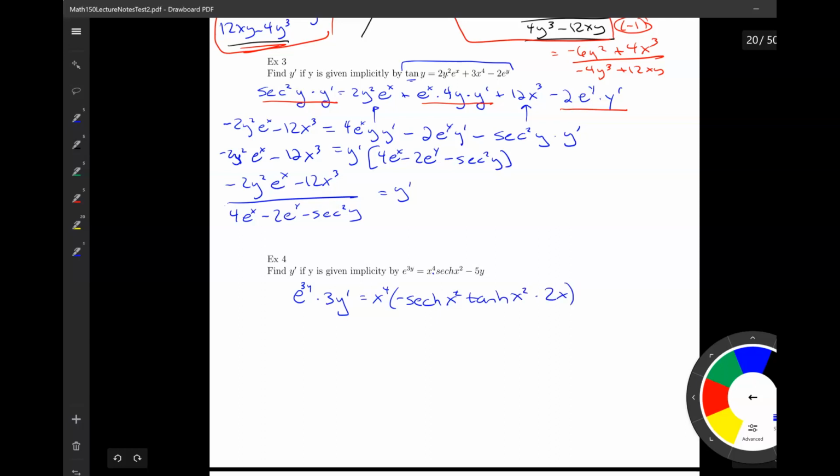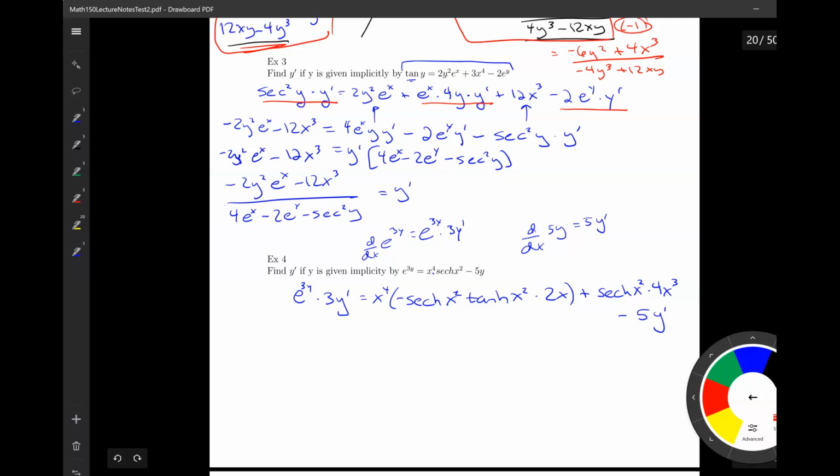So that's first d second plus second d first, and then minus 5y prime. So the derivative with respect to x of 5y is 5y prime, and the derivative with respect to x of e to the 3y is e to the 3y times 3y prime.